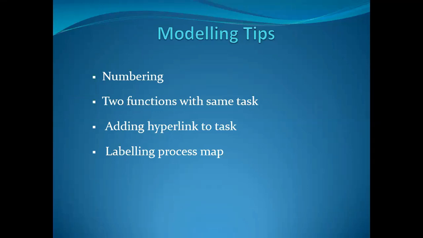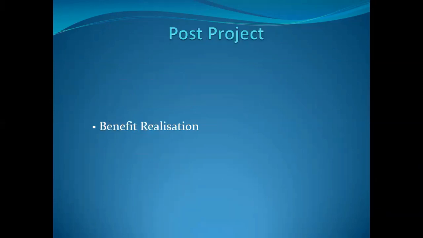You don't need to draw two boxes for it. You just use one, but you put it in the middle. I will try and show you earlier or later. And also adding a hyperlink to a task, I will try and show that as well. And also labeling. I just want to make sure we run through this before we move into Visio.